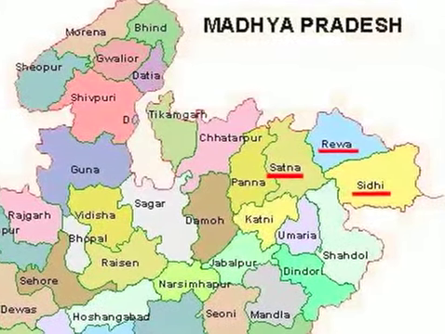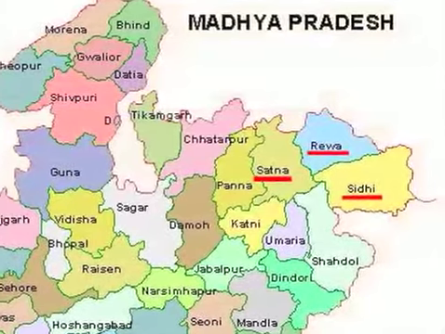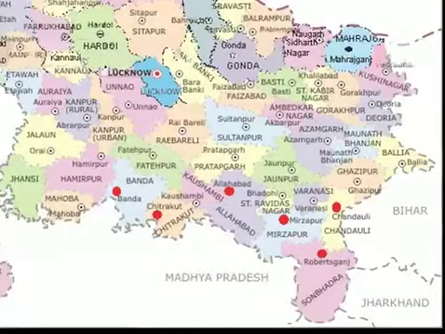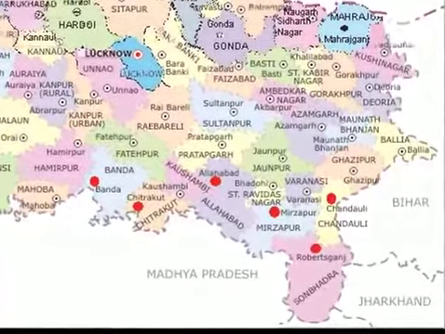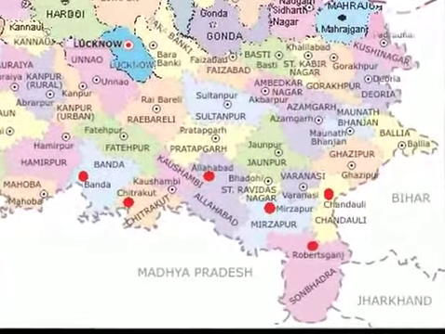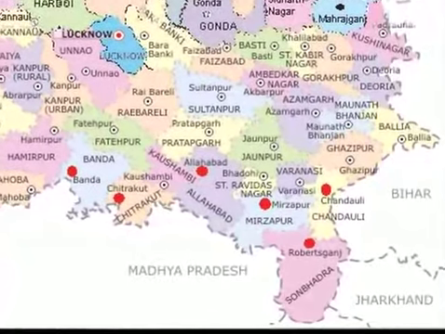Now, the north central India, where these sites have been found, is comprising the districts of Rewa, Satna, Sidhi in Madhya Pradesh, and Banda, Chitrakoot, Allahabad, Mirzapur, Sonbhadra, Chandauli districts of Uttar Pradesh. Now, what are the different types of wares that we are finding in these sites?